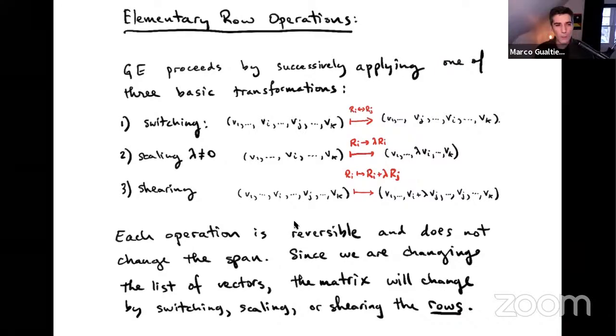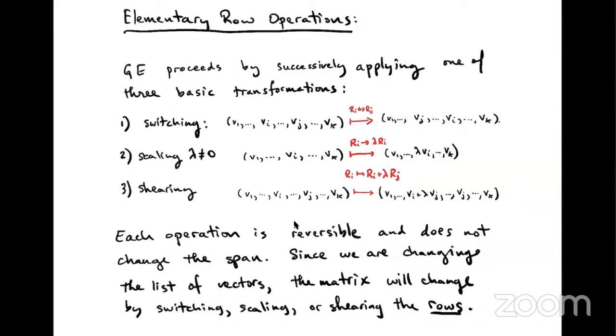Well, what do you mean by unique? Meaning that if the two lists of vectors share the same span, when you do all of these operations, you will always end up with the same matrix.